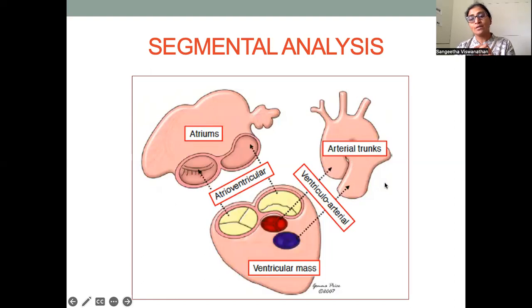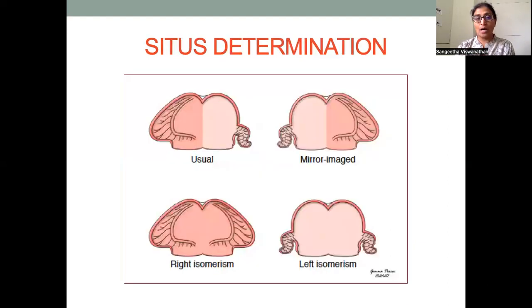The third segment is the great arteries or the arterial trunks. Between the ventricles and the great arteries, you have the ventriculo-arterial connection. So generally, we describe each of the segments and each of the connections to understand the abnormal or normal anatomy of the heart.